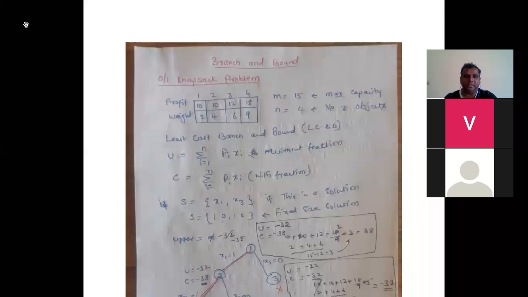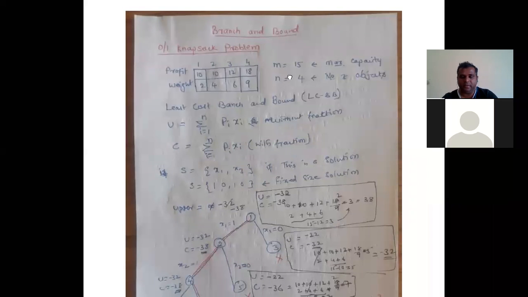So today we are discussing how to solve the 0/1 knapsack problem using the minimization technique, converting into minimization. We are taking 4 objects with knapsack capacity 15 and profits of the objects 10, 10, 12, 18.